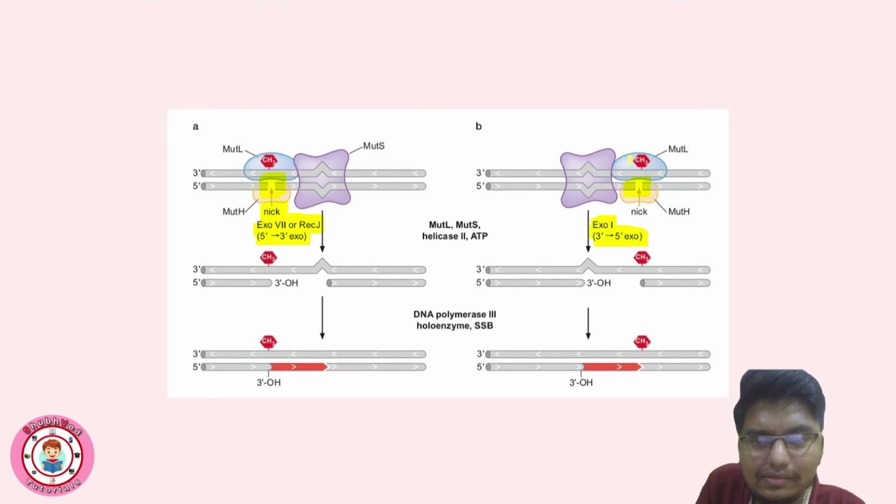Now, what are these areas which we can see? These are the methyl groups. We have discussed this previously also: how does this repair system recognize the parental strand and the daughter strand? The answer is methylation.